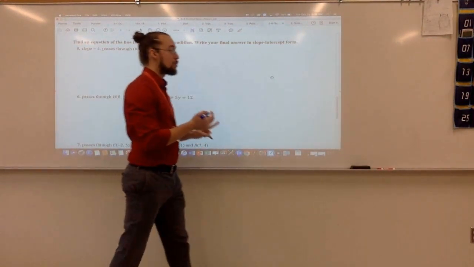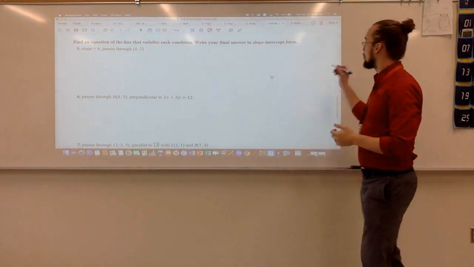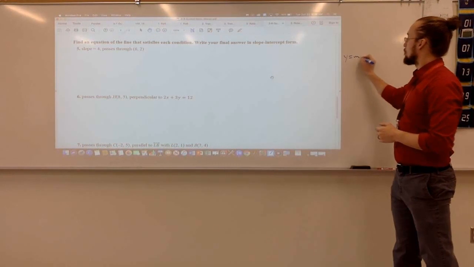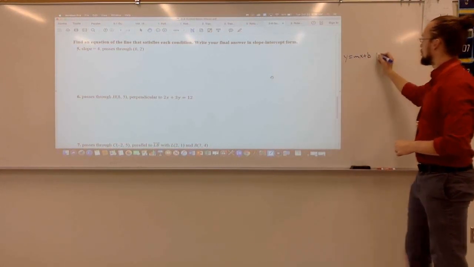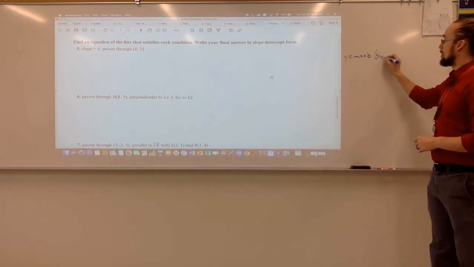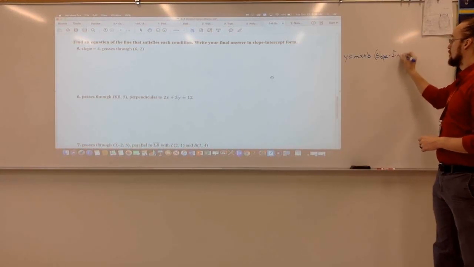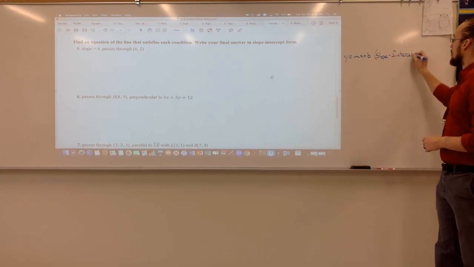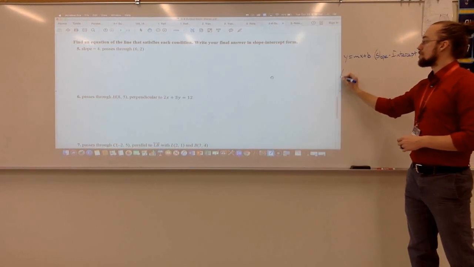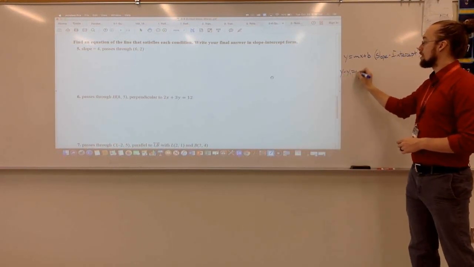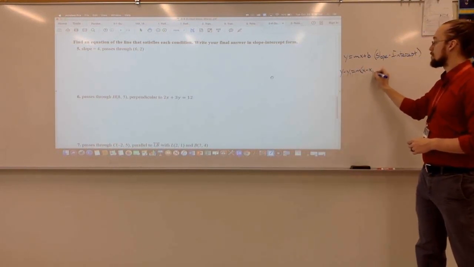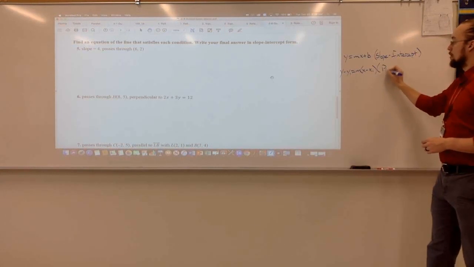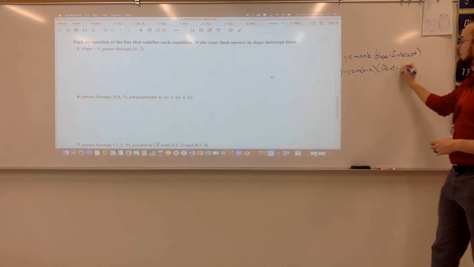If we remember, the two different forms of a line that we've talked about are y equals mx plus b, which is slope intercept form. And then the other form that we've talked about was y minus y1 equals m times x minus x1. And we called that point slope form.